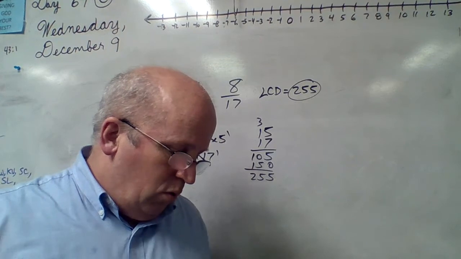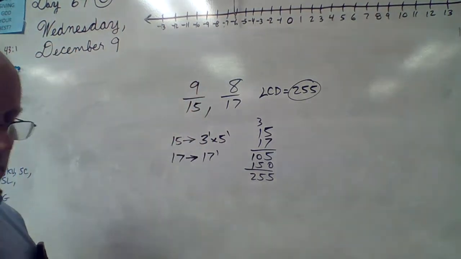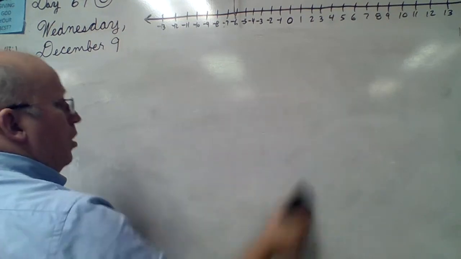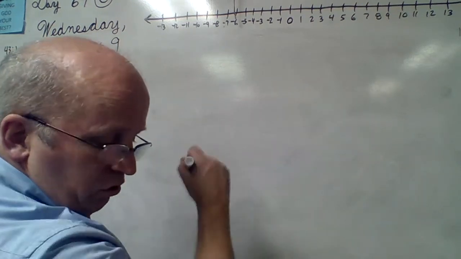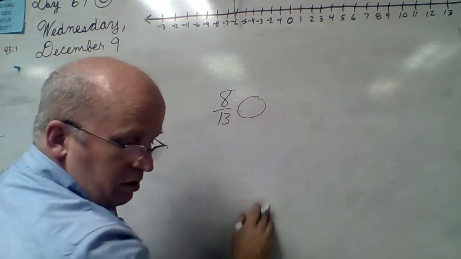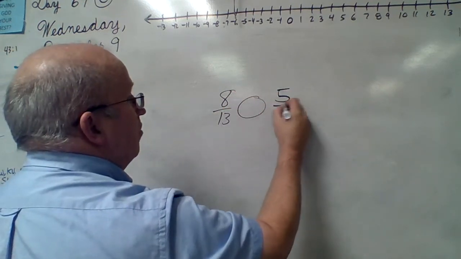Okay, we're down to 21 to 23. We need to figure out which fraction is bigger or smaller than the other one. I'm going to do 21 for you. It's 8/13, and we're comparing it to 5/17.